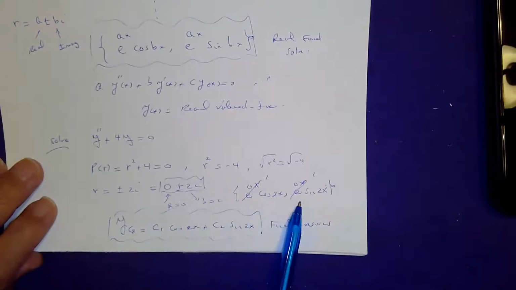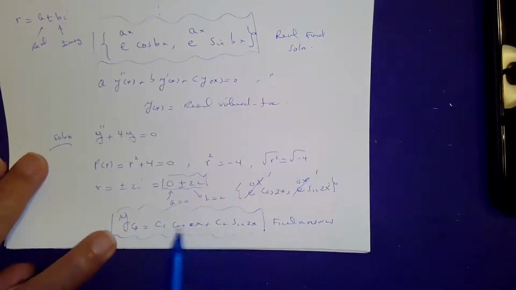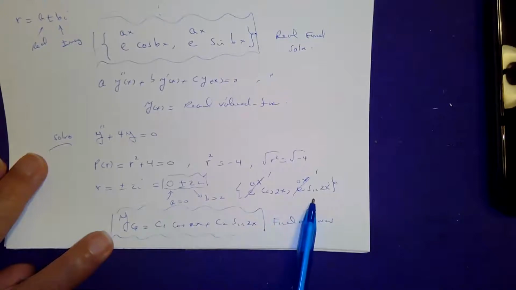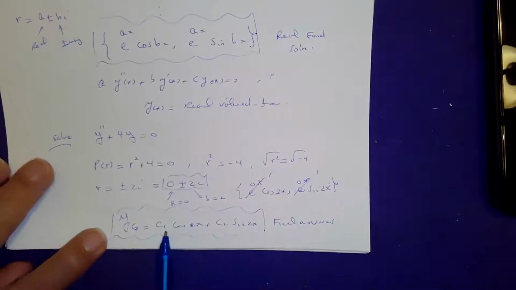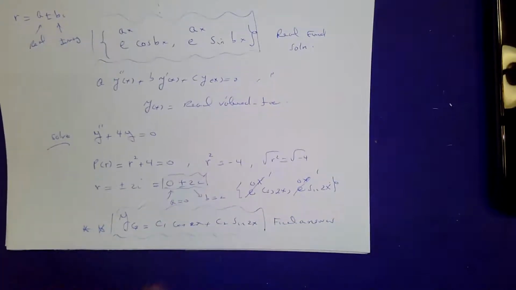That's not an answer. That's just fundamental solutions. I need to now take the linear combination of this and set it equal to y. Yes, each of these is a solution, but so is the linear combination of them. Therefore this is your final answer, and that's what you box.